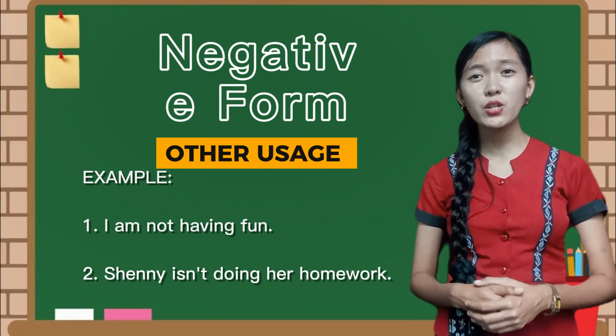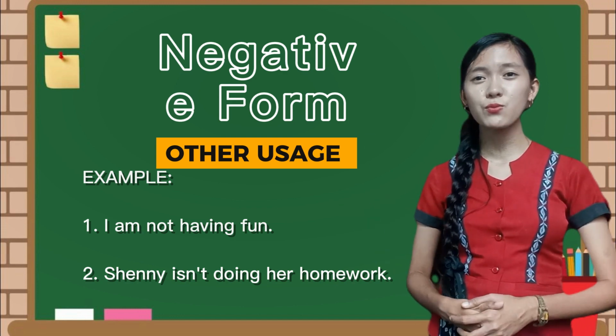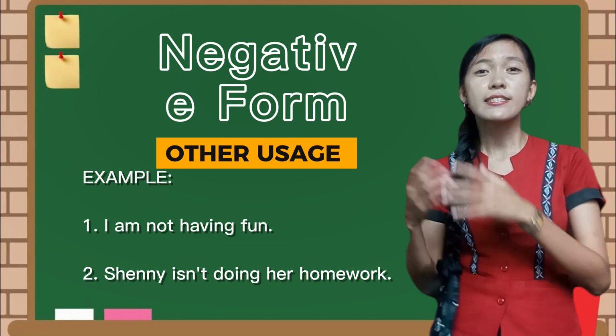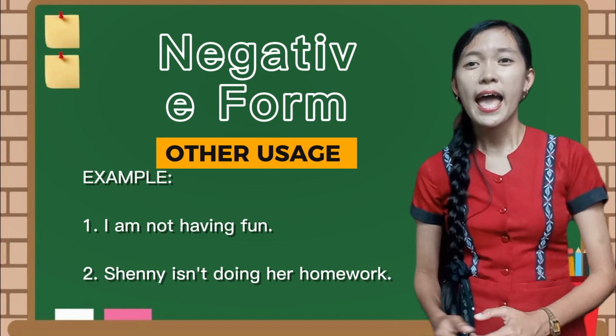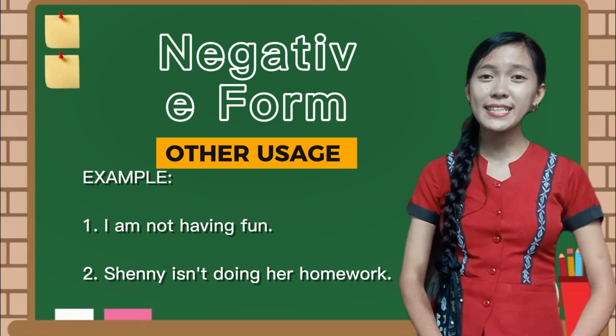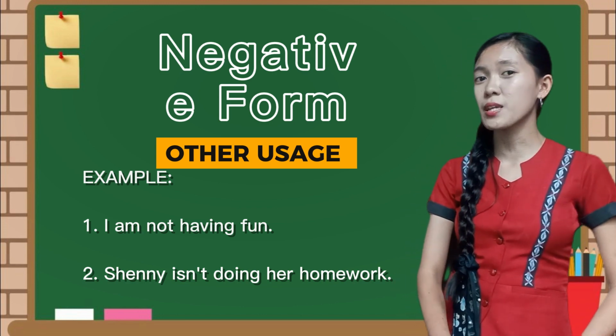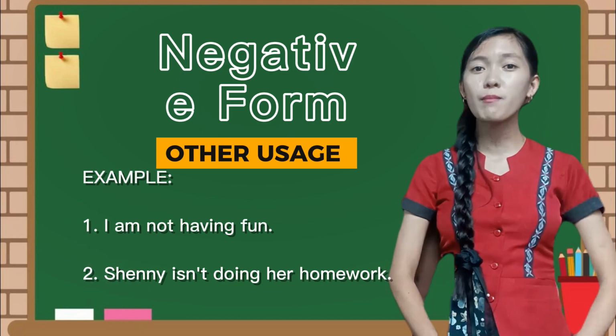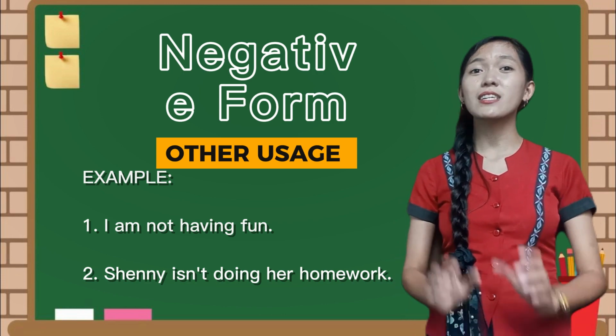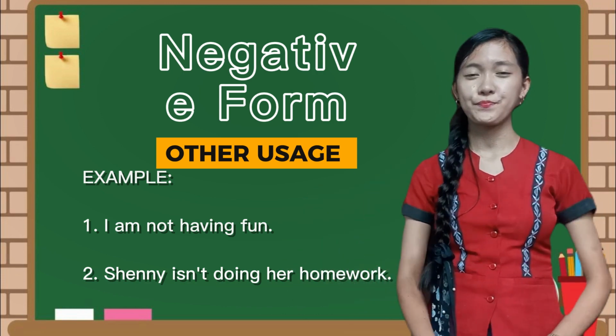So to put it simply, we use the negative form of the present continuous tense to say that something is not happening at the moment or in the near future. And we form it by placing the word not in between the present tense of the be verb and the present participle form of the verb that describes the action.